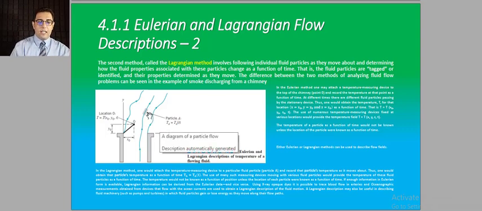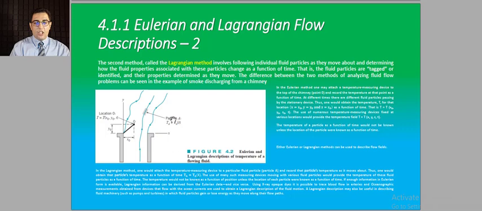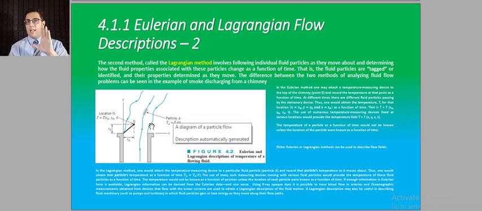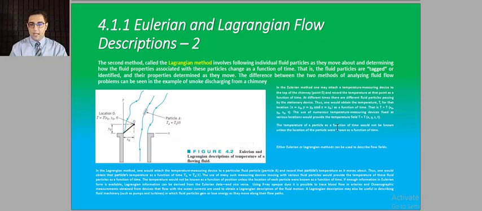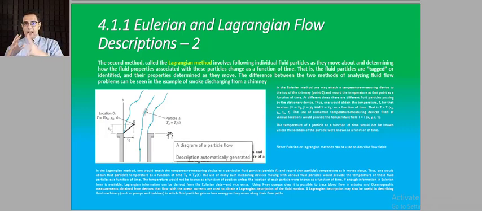If we are in the Lagrangian method, we can identify the position of that particle as a function of time. So in the Eulerian method, time is the key highlighted parameter, as it's illustrated in here, and in the Lagrangian method, position is the key highlighted parameter.